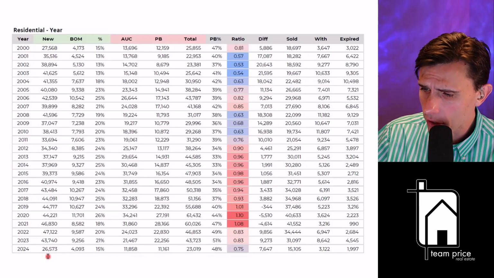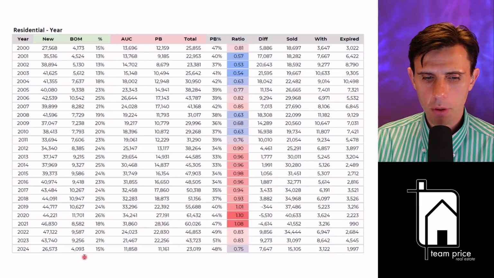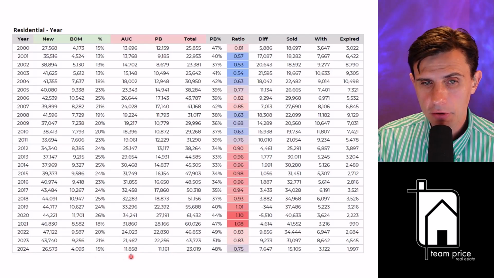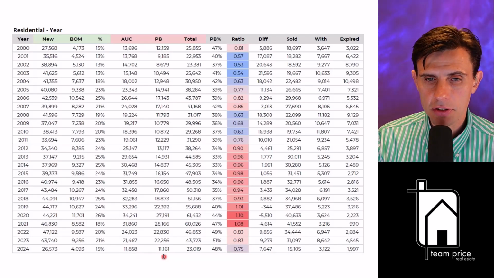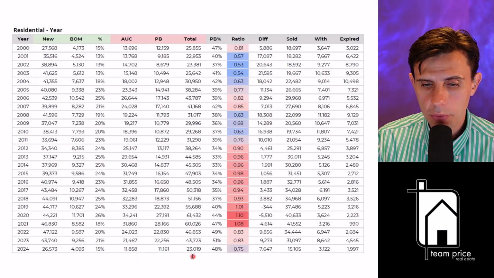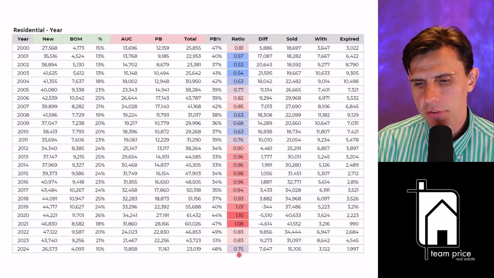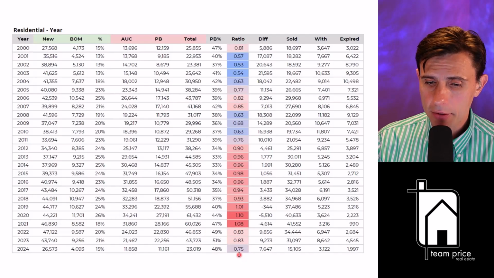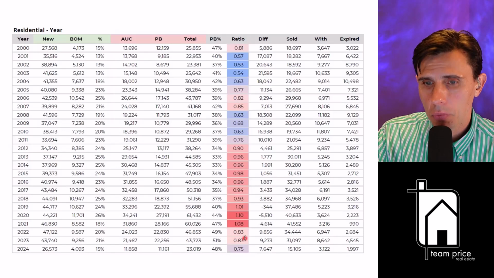That's from January 1st all the way to today, a few minutes ago. 4,093 back on the market, 15%, 11,858 active under contract, 11,161 pending, total 23,019, 48% are pending as opposed to active under contract, and that's going to give us a ratio of 0.75. That's dramatically lower than 2 years in a row where we had a 0.83 ratio.